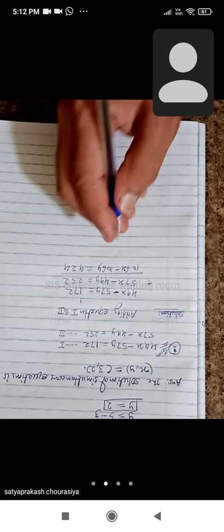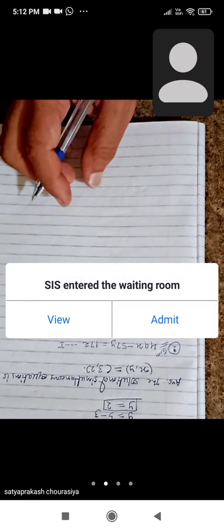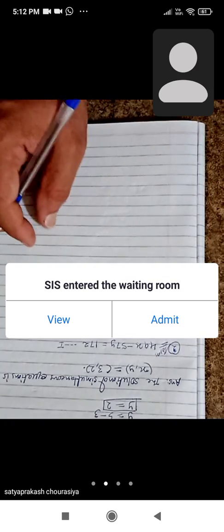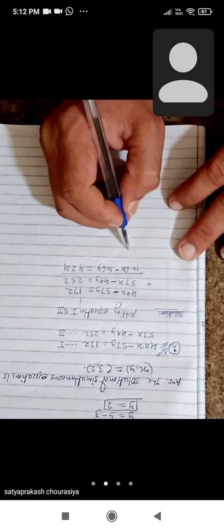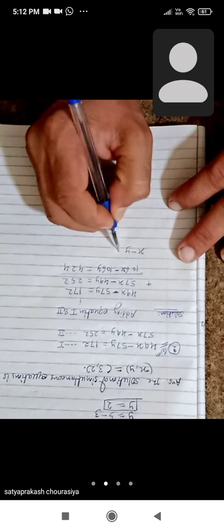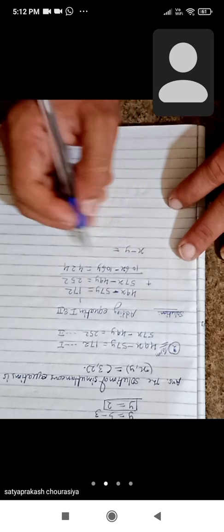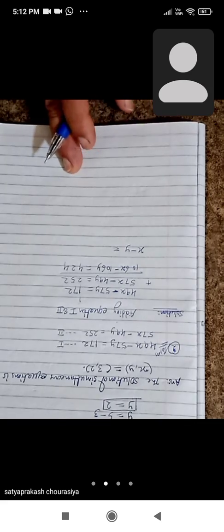Now say, 424 is 4 times 106. So here we will divide this equation by 106. So you will get x minus y is equal to, now 106 into 4. So 100, 100, 100, 100 will become 400, and 6 4s are 24.